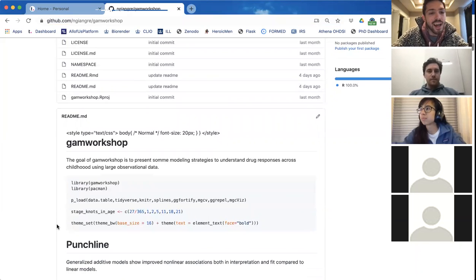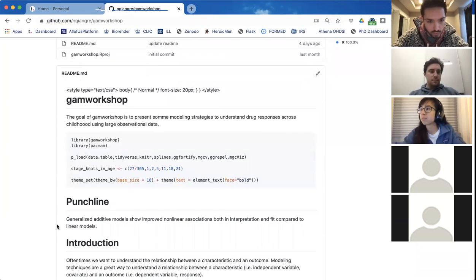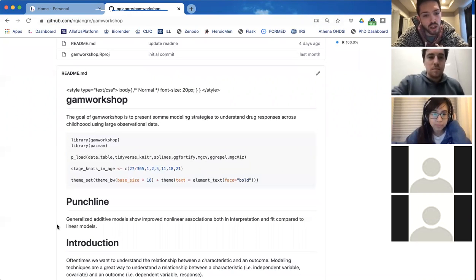So, but yeah, the goal of today's workshop is to present some modeling strategies to understand drug responses across childhood using large observational data. And so that's what I do a lot in my thesis work, and I want to share some of those investigations today.